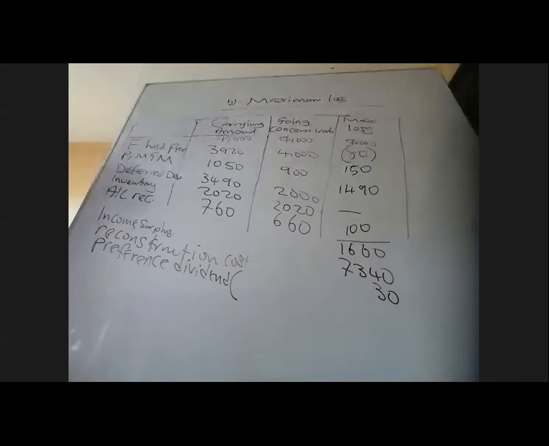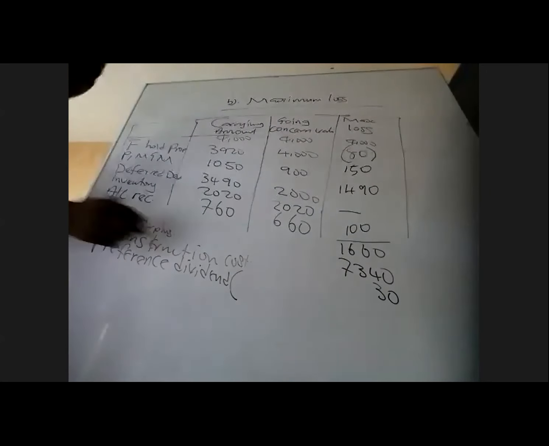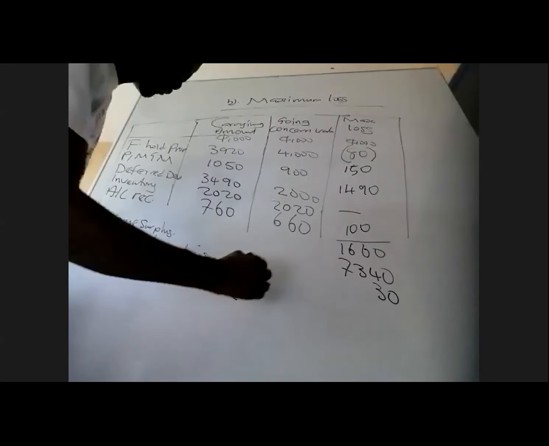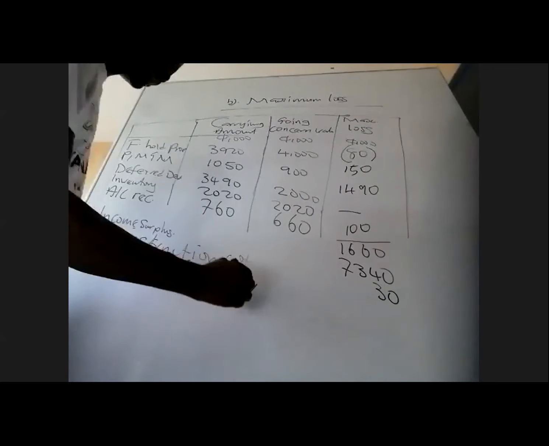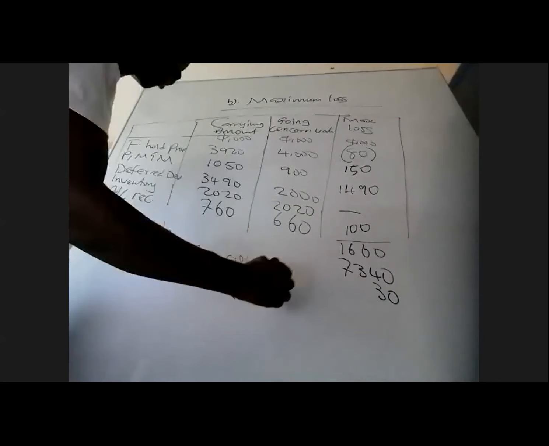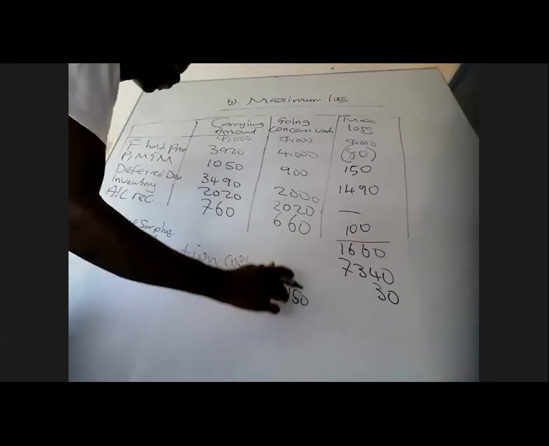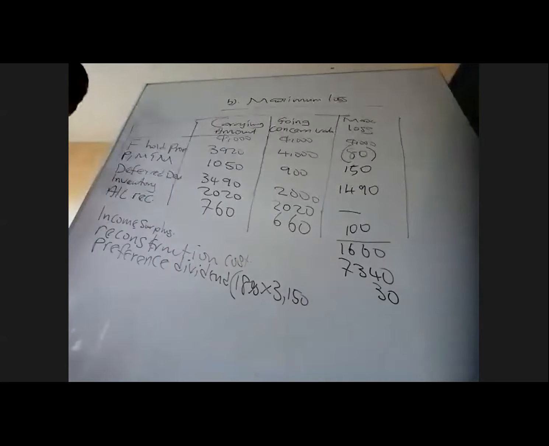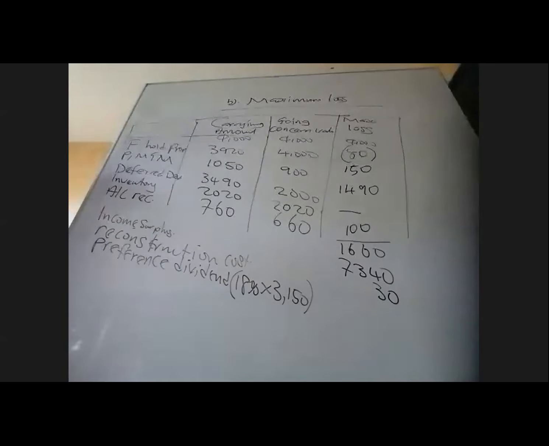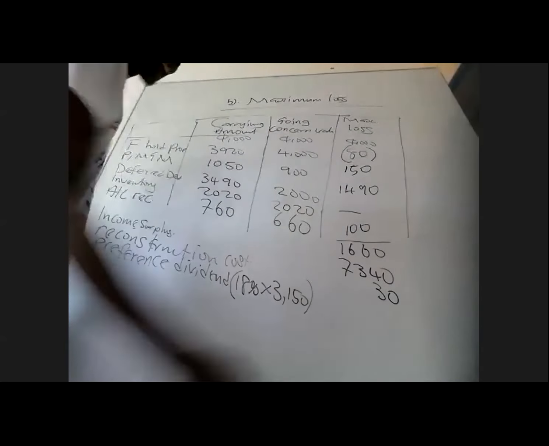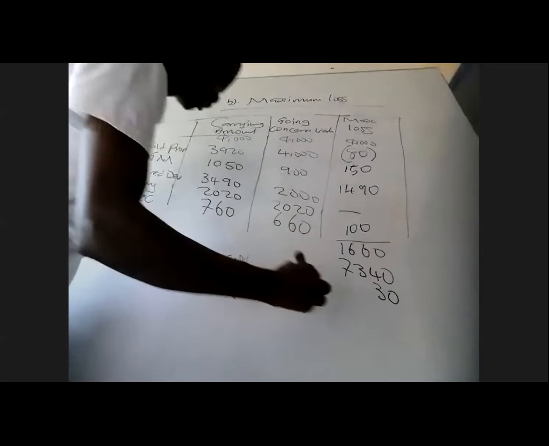What's the value? 3.15 million. That's the total value of the preference shares. So it will be 3.15 million times 18%, which is 3,150 by 18%. This is 1 year, just 1 year's dividend. How many years do we have in arrears? We have 2 years, so times 2 years.